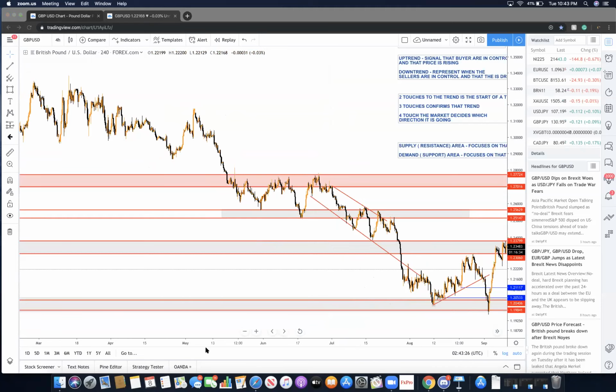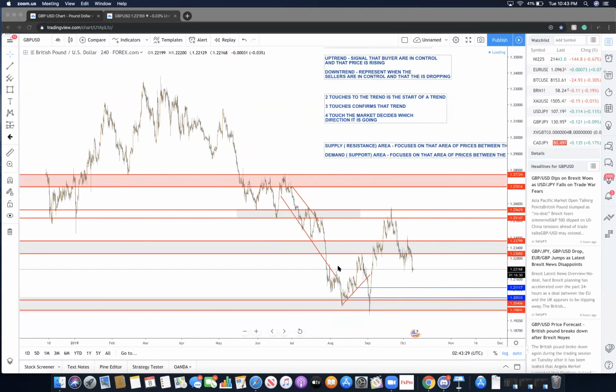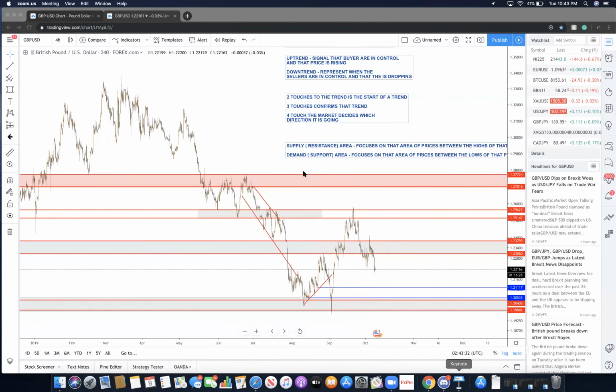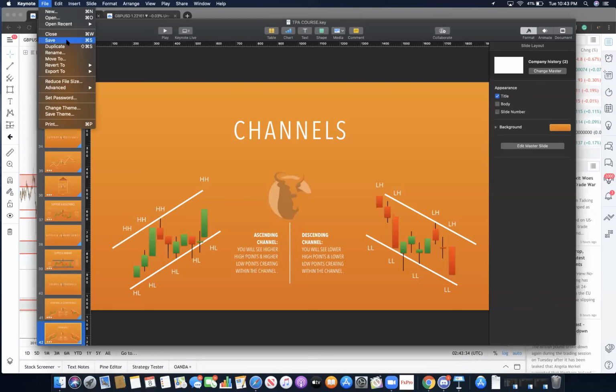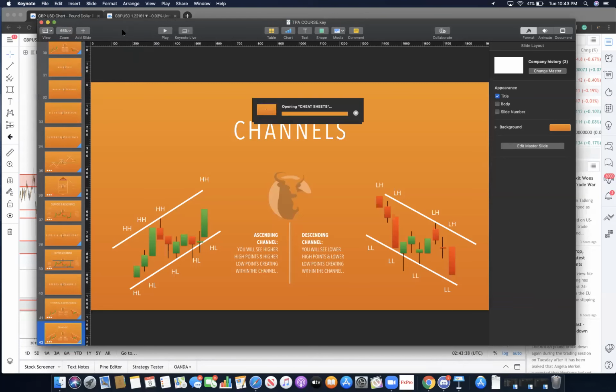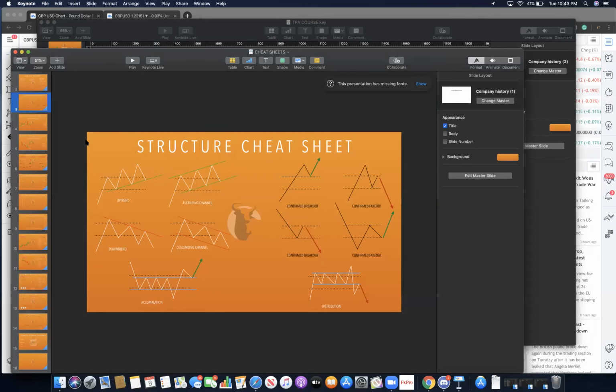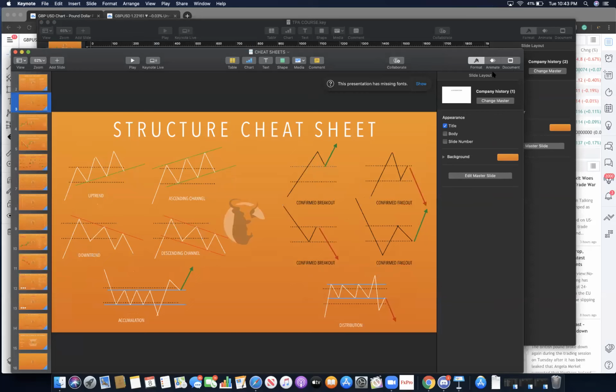So prior to us taking the next step of what the homework is, let's review what we spoke about. So I sent you guys all a cheat sheet. If you don't have it, you can download it off the school's website in the course. And on the cheat sheet, I have what's called the structured cheat sheet.